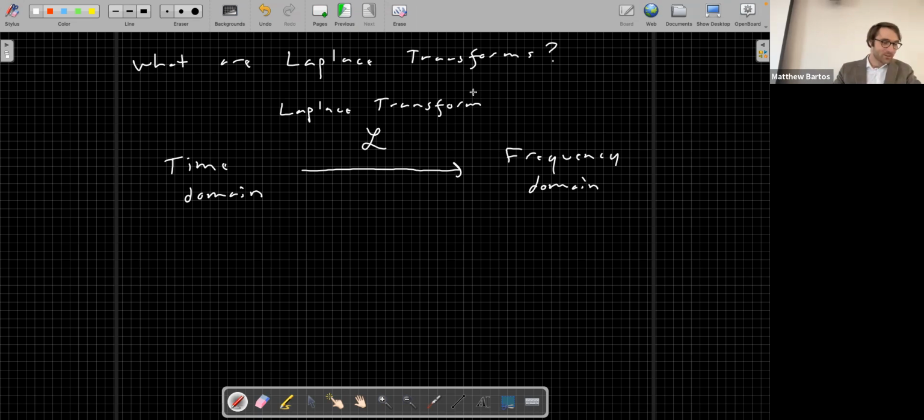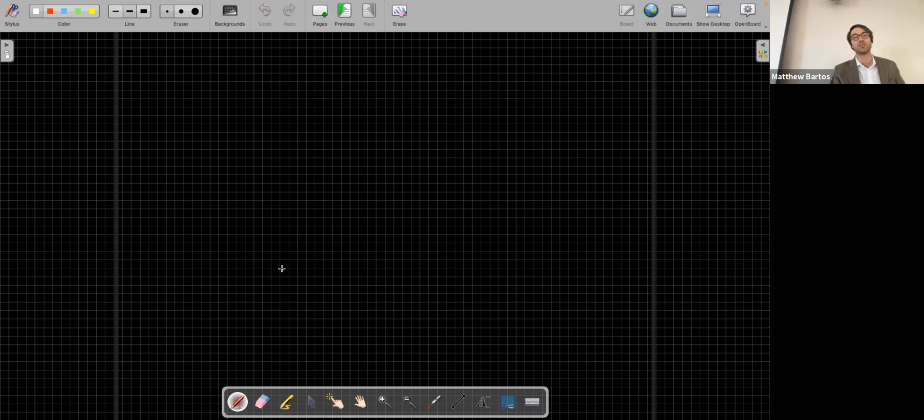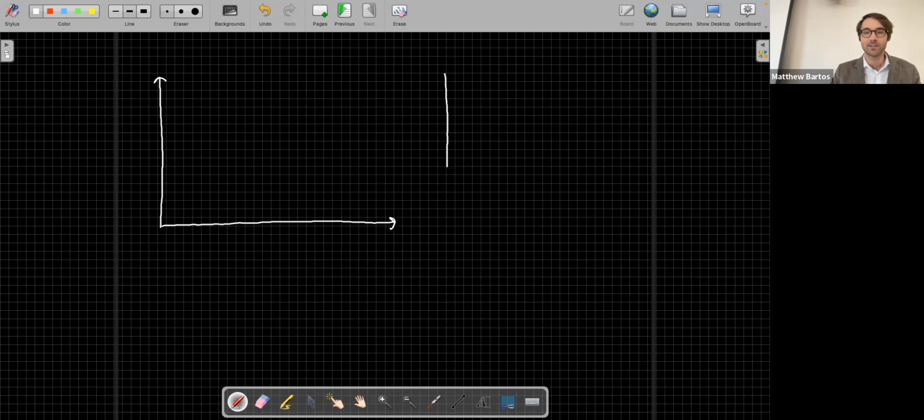So much like a Fourier transform converts a function into an infinite series of sines and cosines, the Laplace transform is a generalization of the Fourier transform that represents a function in a new basis, where that basis consists of complex exponentials, right? So, which includes your exponential growth and decay terms, as well as the sinusoidal terms from the complex exponential.